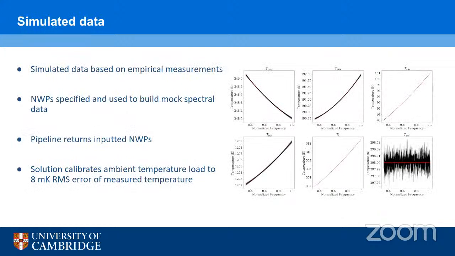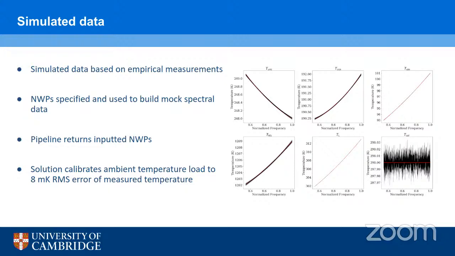Here are the results of our pipeline using simulated data. These simulations are based on empirical measurements of the reflection coefficient, in which noise wave parameters, which we have specified, along with our simulated reflection coefficients and our equations, are used to build mock power spectral data, which are submitted to the pipeline. And we verify that the returned noise wave parameter distributions match those of the user-specified noise wave parameters.